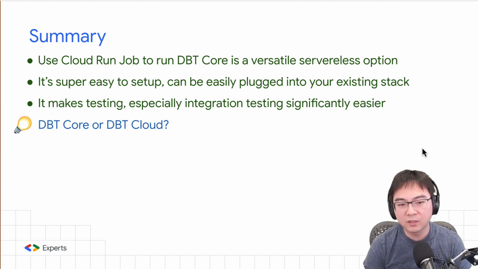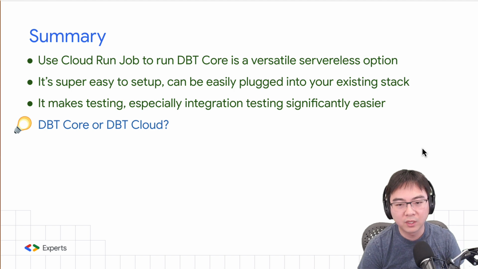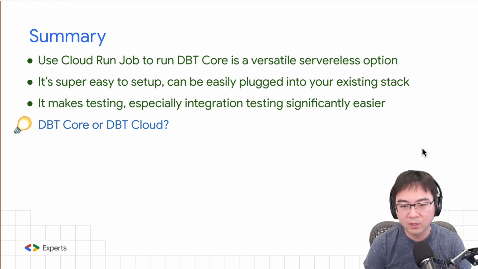I think this is the real power in there, because it makes testing, especially integration testing, significantly easier compared with other solutions, and it's very fast as well, right? Did you see how quickly it was? Not only the deployment of the Cloud Run job, but also triggering the execution of the Cloud Run jobs is extremely fast.